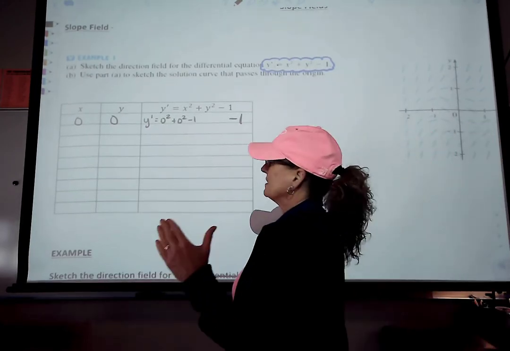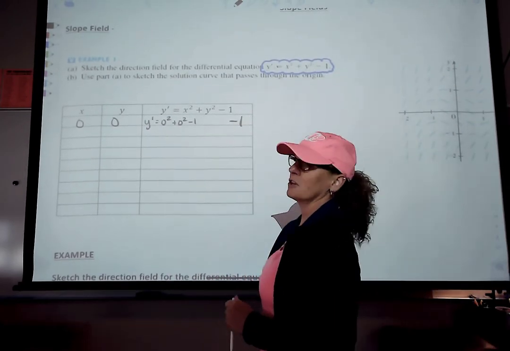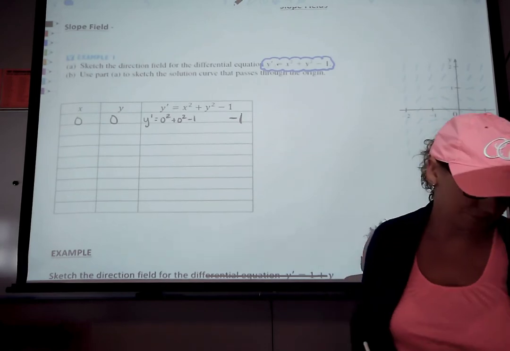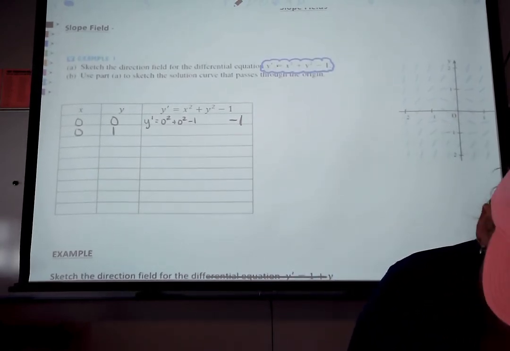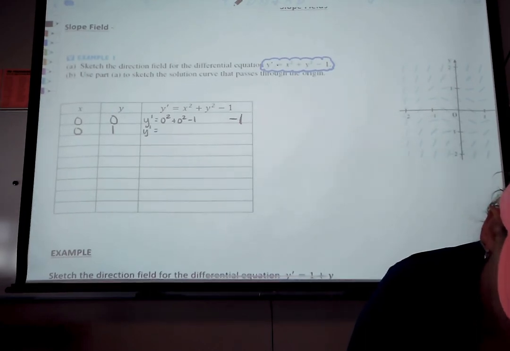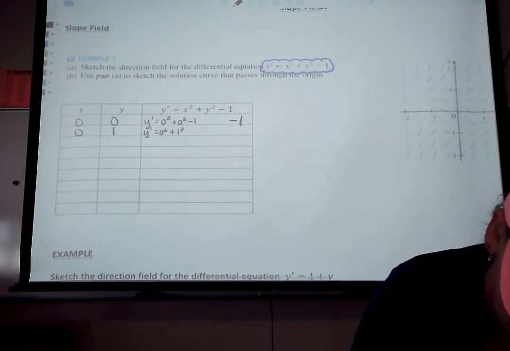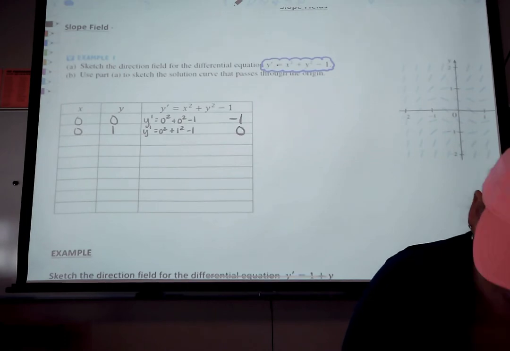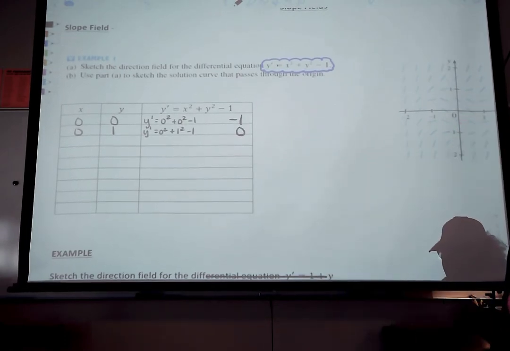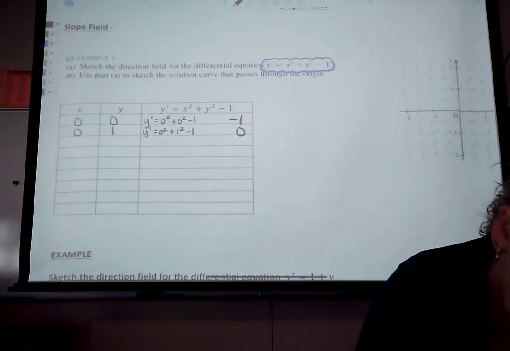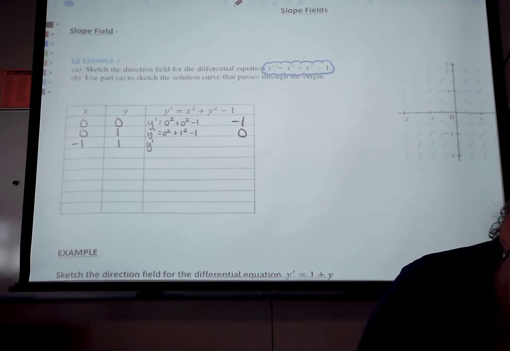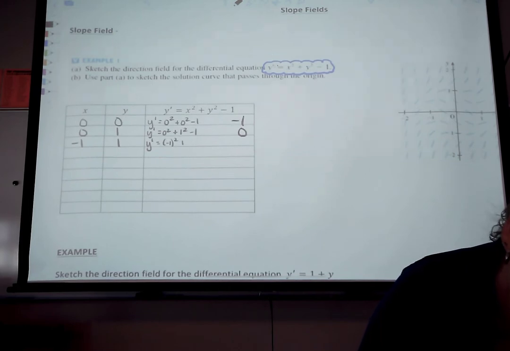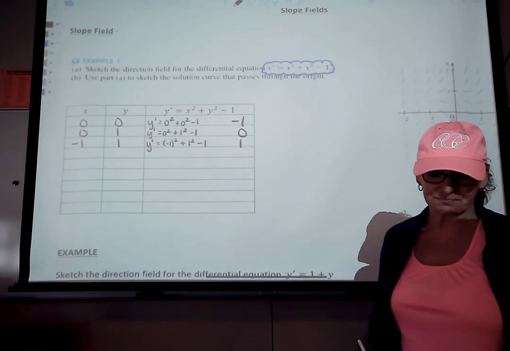So at the point 0, 0, the slope is negative 1. You can choose the point 0, 1. Sub them in. y prime equals 0 squared plus 1 squared minus 1. I get a slope of 0. I can choose the point negative 1, 1. Negative 1 squared plus 1 squared minus 1 is positive 1.